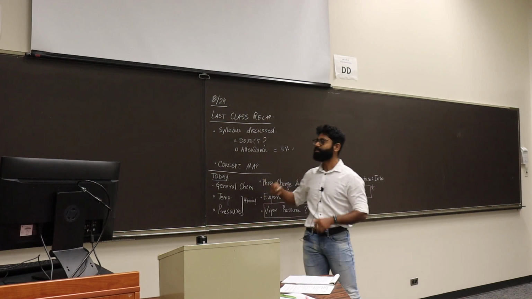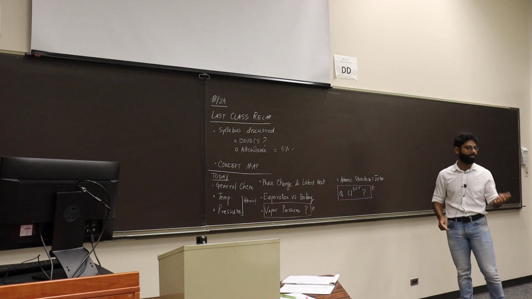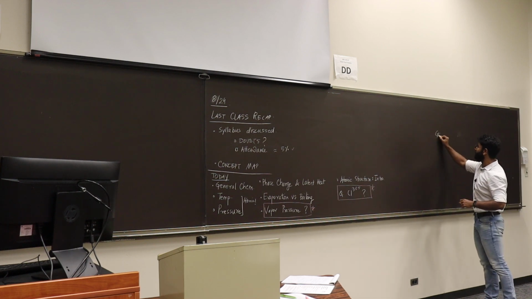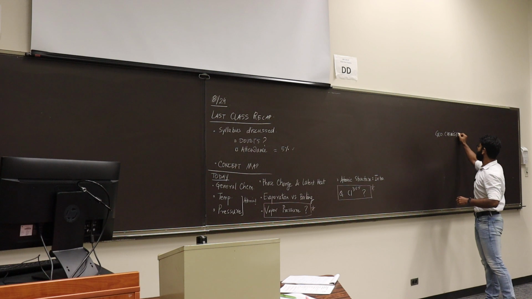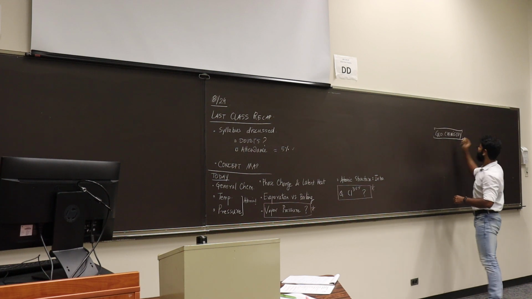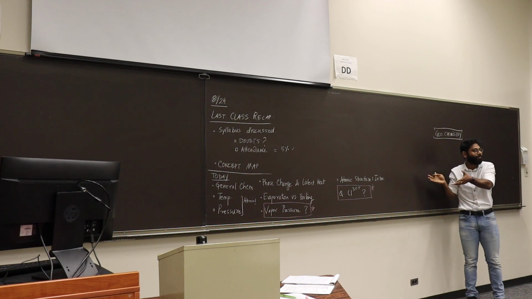The concept map: we tried to start with the concept map but couldn't, so let's try with the concept map today. Geochemistry has a geology part to it and a chemistry part to it. Whatever comes in the latter half of any name is the more important part.